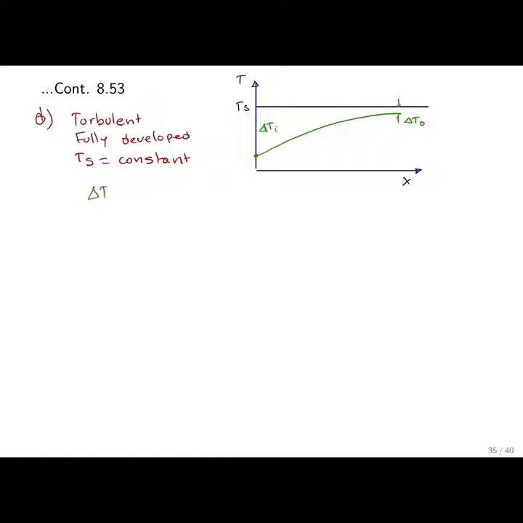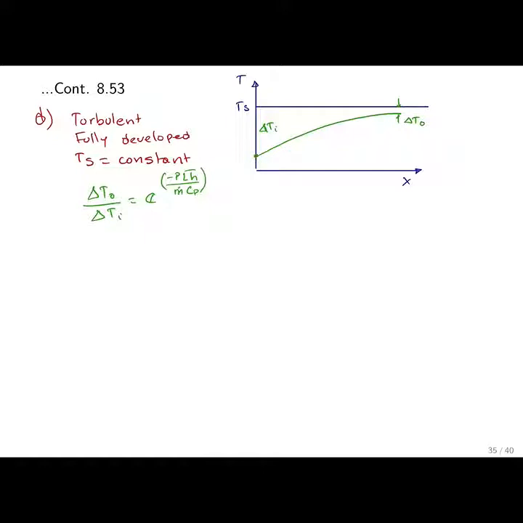Delta T at the outlet divided by delta T at the inlet is equal to the exponential of minus P L multiplied by h divided by m dot Cp. So this is for the case when we are evaluating at the outlet.